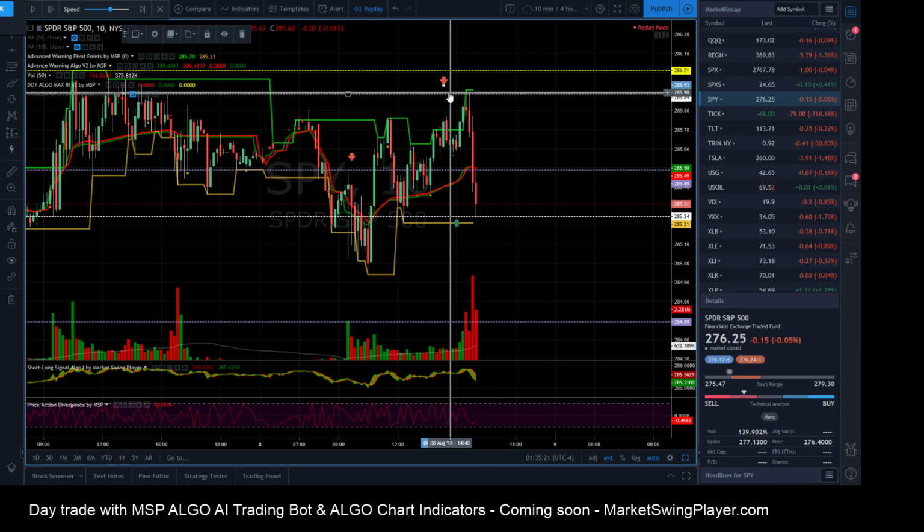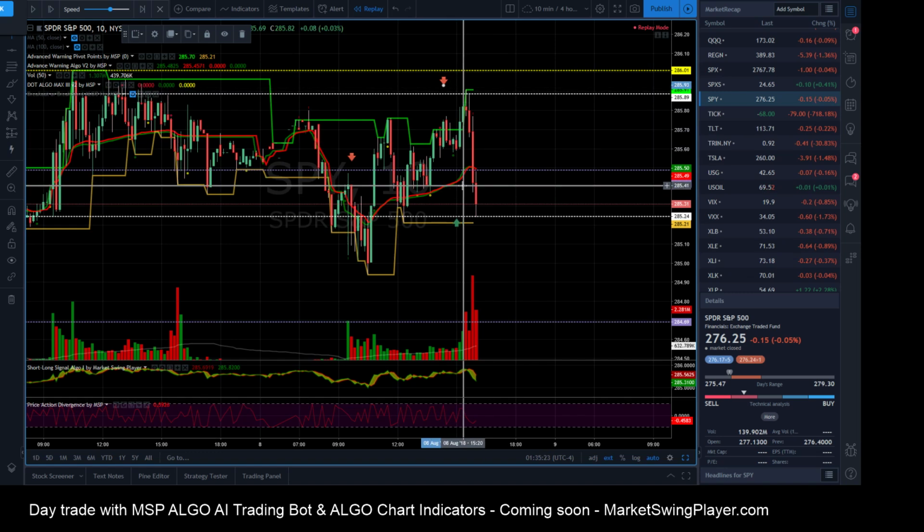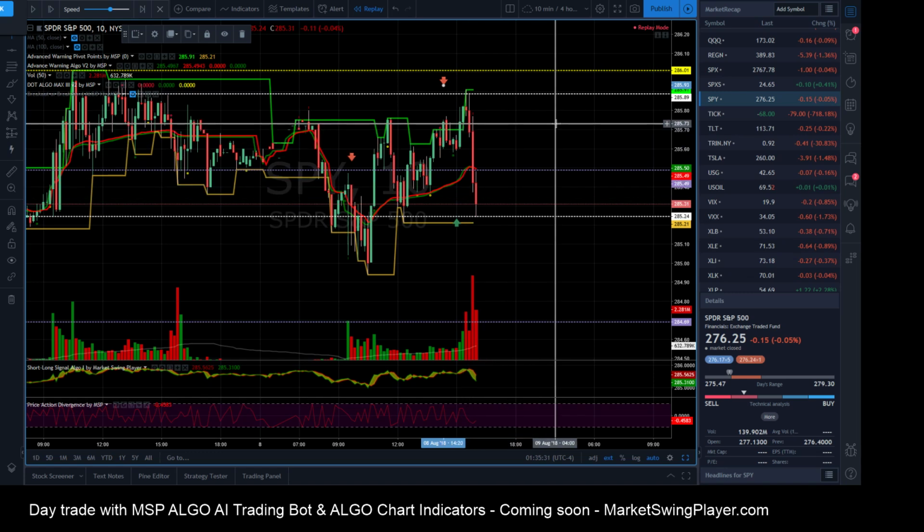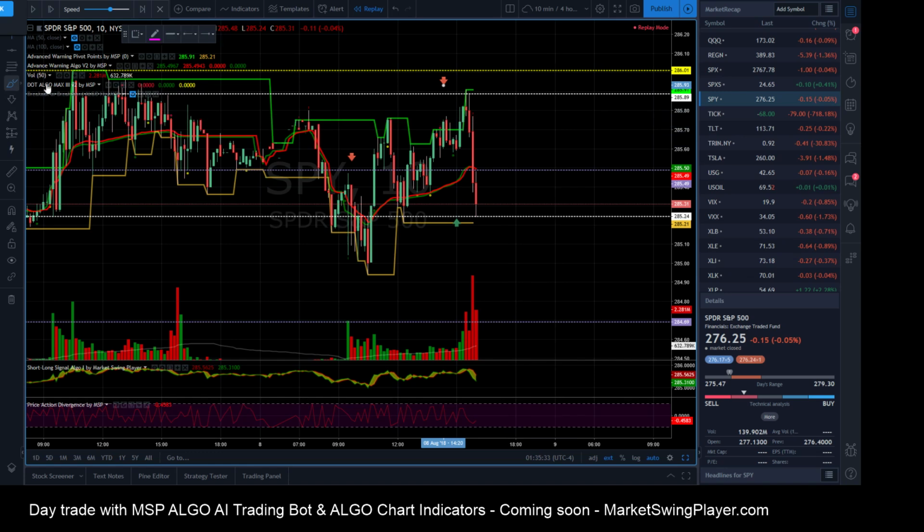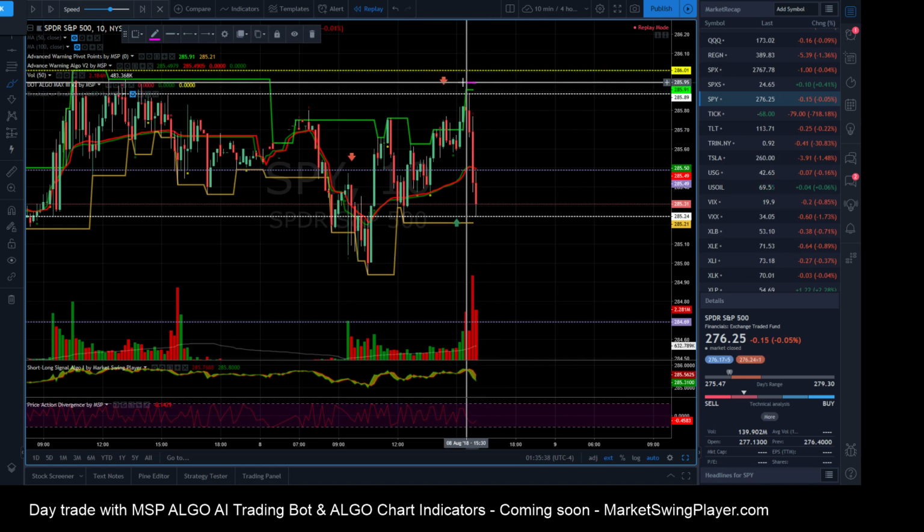So if this was 286, you have your stop, and you were short at 286.25. If it hit it, then it's time to get out of that trade. In this particular instance, price did go near the reversal pivot here and hit the resistance.